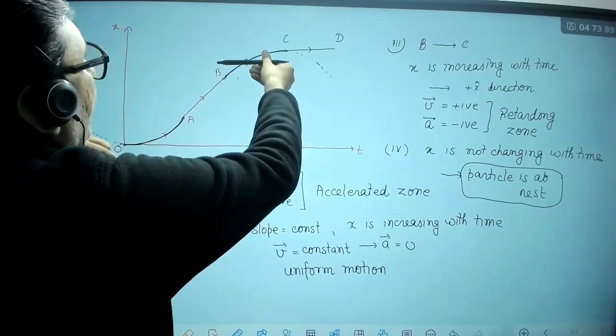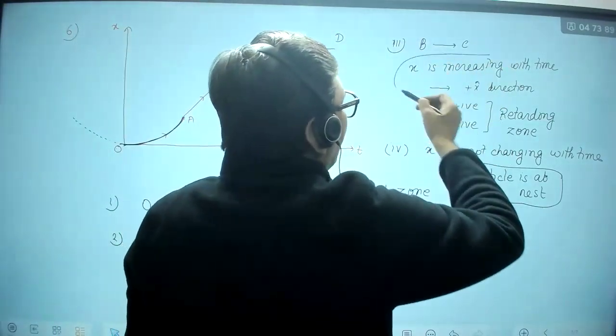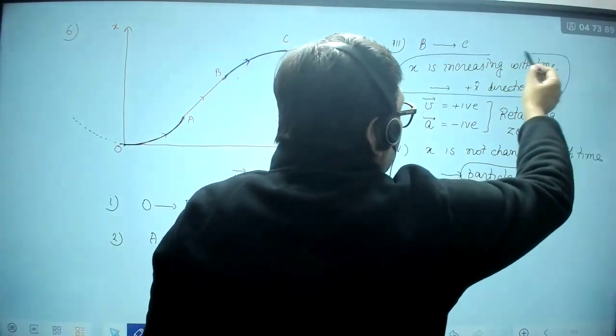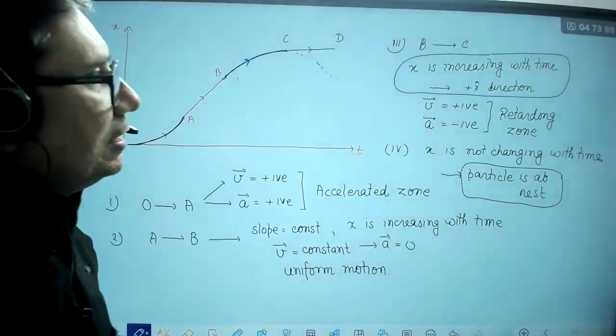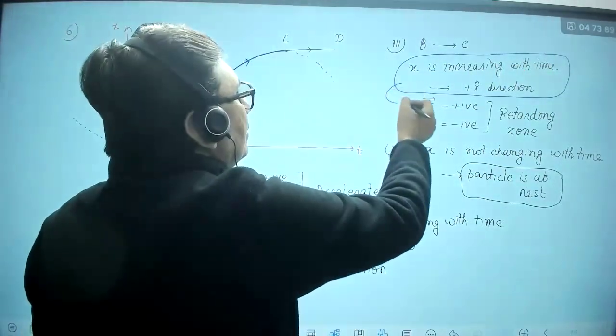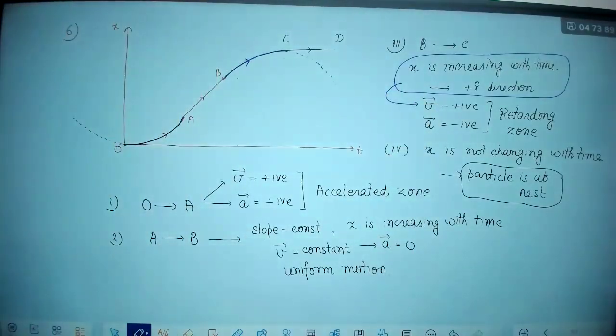So it is moving up, up, up. If X is increasing with time, then the particle is moving in the plus X cap direction, so I can conclude V is positive.